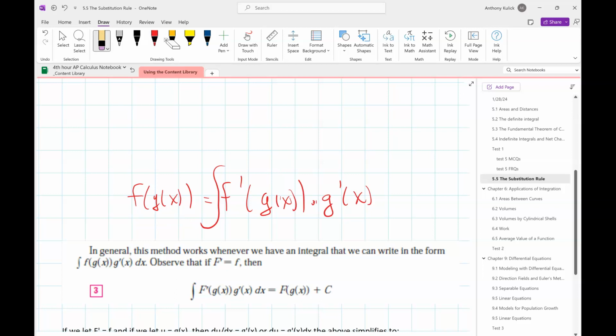So if I have some function and I'm integrating that function and it has the form of f prime of g of x times g prime of x, that's something that I should be able to do an antiderivative of by undoing a chain rule. Okay?